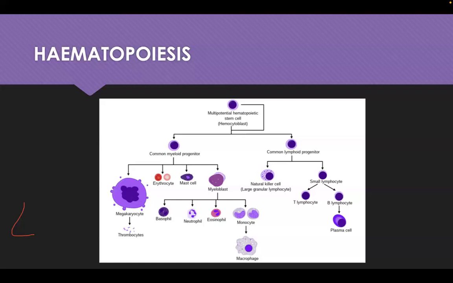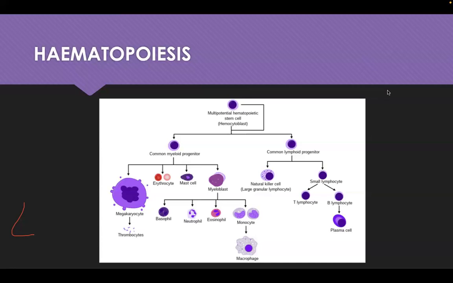So these HSCs have the ability to self-renew and they ensure that there's a continuous supply of stem cells whilst allowing us to differentiate to have specialized blood cell types. The difference, as we can see on this graph, is we have the myeloid line and we have the lymphoid line, and these then make their specific blood cell types.